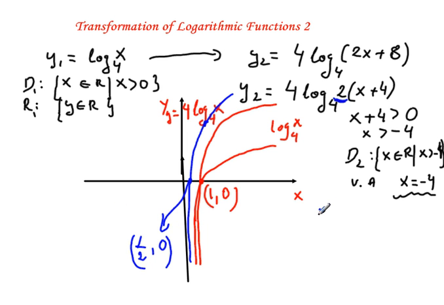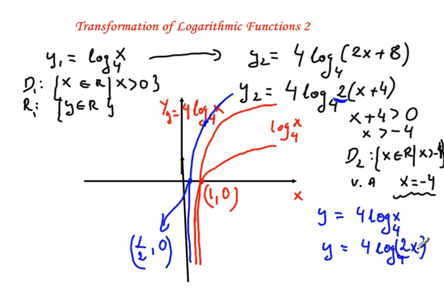Let us see this for a second. So say I have 4 log to base 4 of x. Then I have to compare that against 4 log to base 4 of 2x. So the x-intercept here is 1 when x is equal to 1.